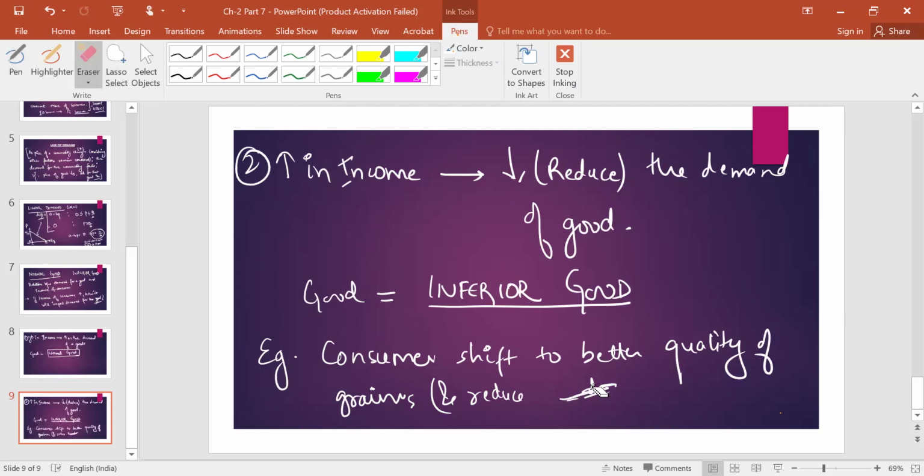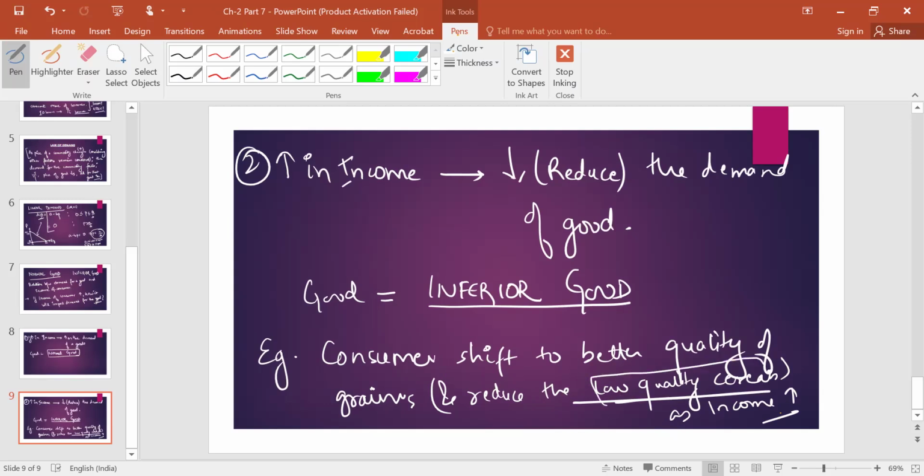Once again, reduce the low quality cereals as consumers shift to better quality grains as their income increases. So what happened? The demand for those low quality cereals would reduce, and the consumer would shift to better quality grains, right? Or cereals. So in that case, the low quality cereals would be classified as an inferior good.